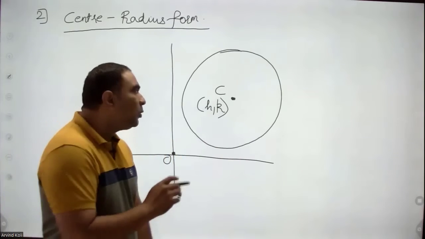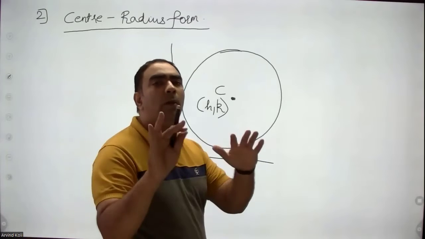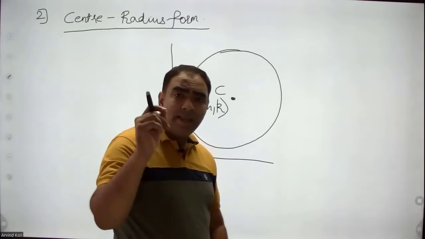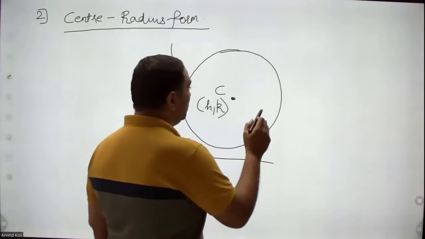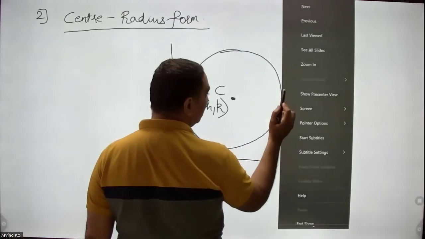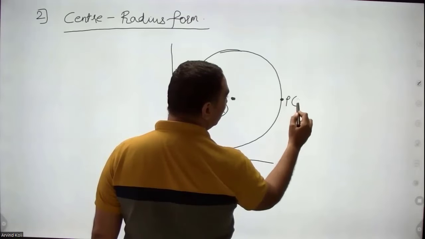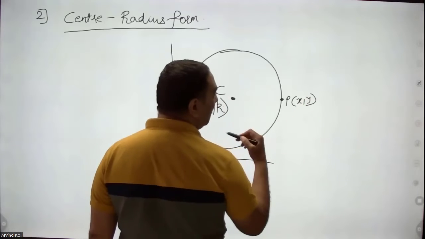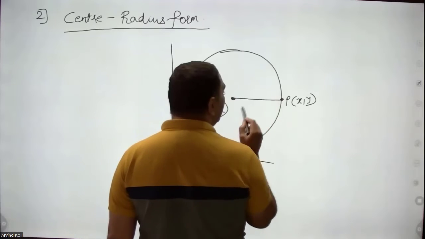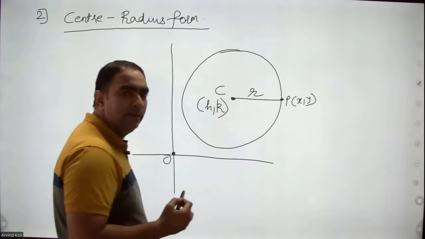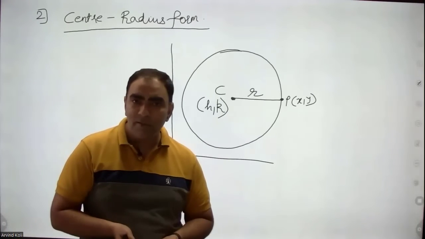Now to find the equation of the locus, हम लोग क्या करते हैं? We consider any point on the circle. Consider point p x, y on the locus. Here the locus is circle. So we'll consider one point. Let us consider a point p x, y. So now students, CP is the radius. जैसे हमने previous फॉर्मूला में देखा था that the radius remains constant for a circle.